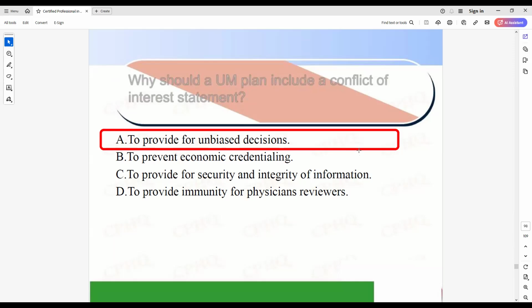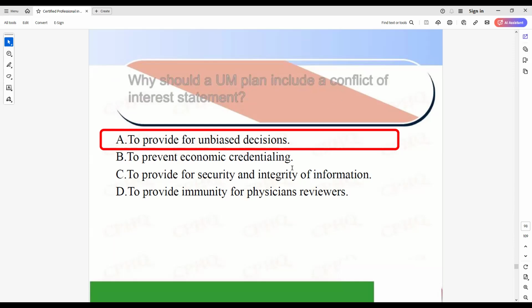When you submit your conflict of interest statement saying that you have no conflict, you're not biased toward anything, you're not trying to increase or reduce something's utilization, you want to give an unbiased decision. So A is the answer.